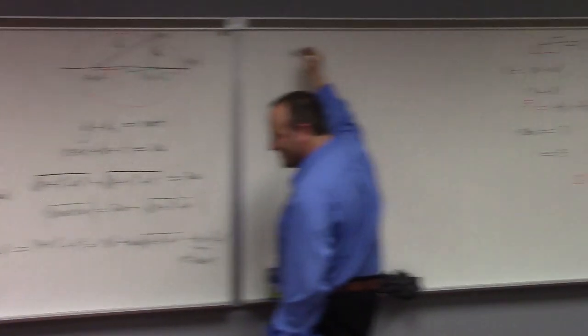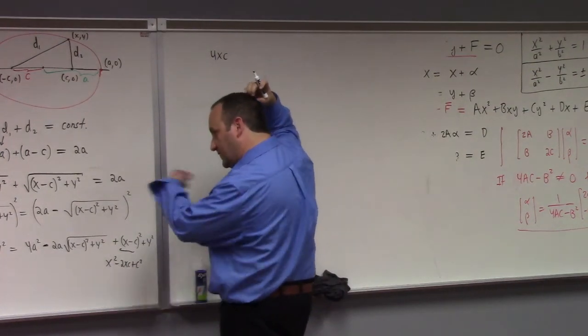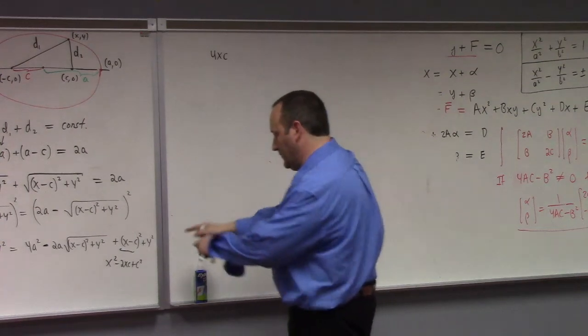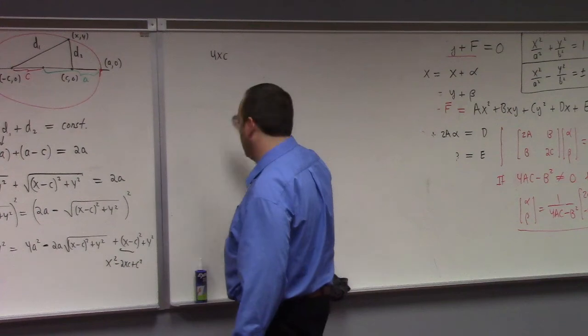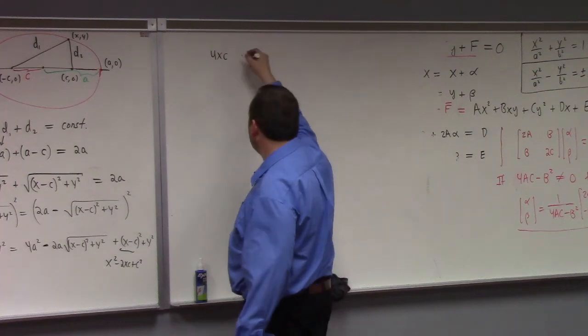4xc. Oh, the c squareds cancel too, don't they? Right? So I get 4xc over there, and minus 4a squared, yeah?